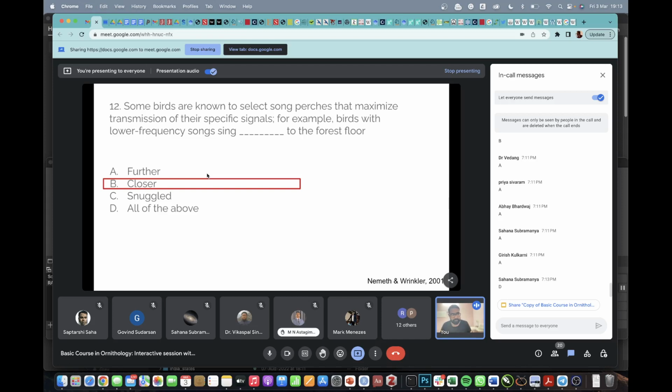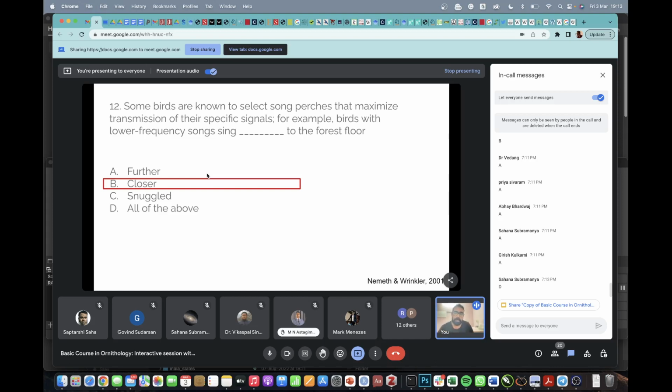The songs get reflected and start cancelling each other. The direct call and the indirect call cancel each other, and that's why the transmission is reduced. But in lower frequency songs, this cancellation doesn't happen, and the song transmits better closer to the ground.